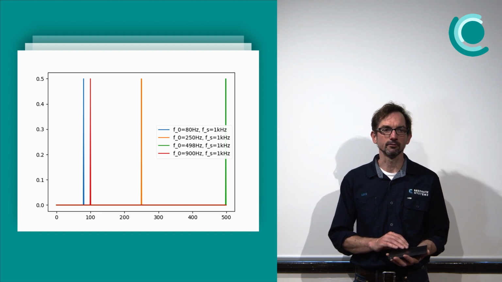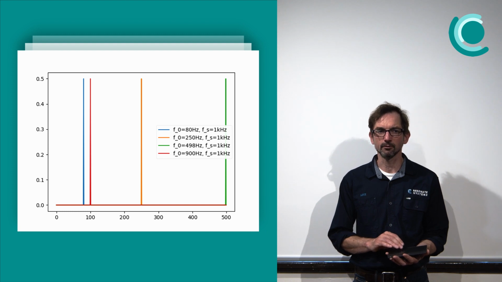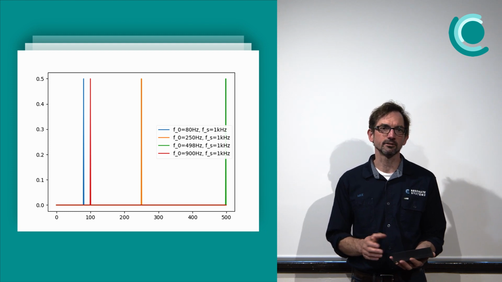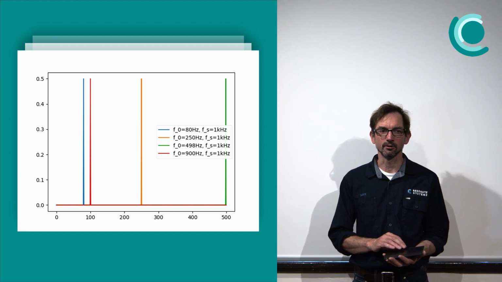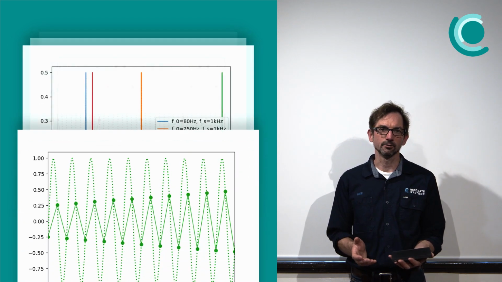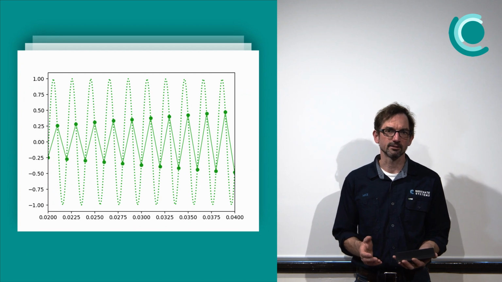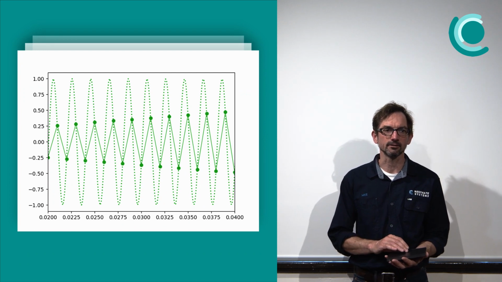And what you can see here, obviously, is all these spikes, they all have the same amplitude, even though when you look in the time domain, as we saw on some of these plots, you're getting a pretty rubbish representation of what the amplitude actually looks like.